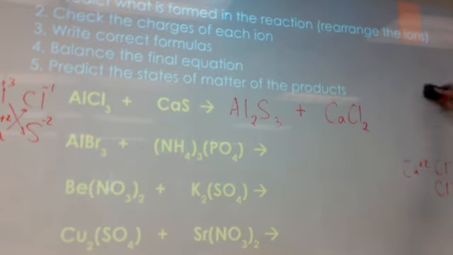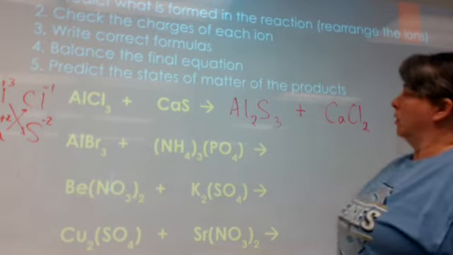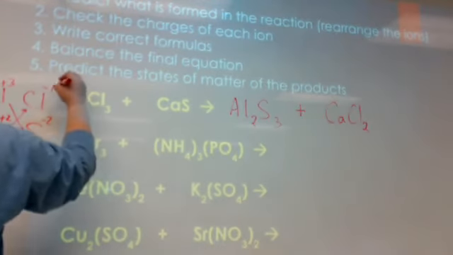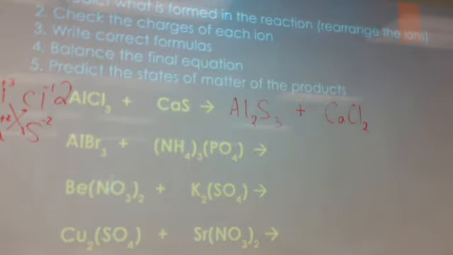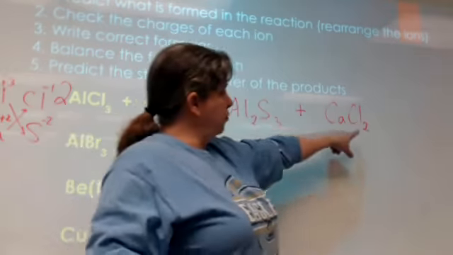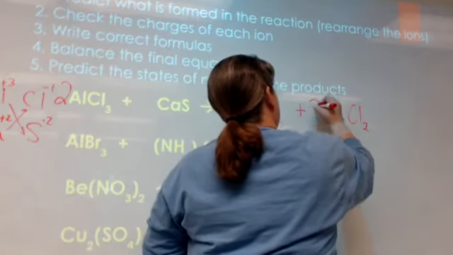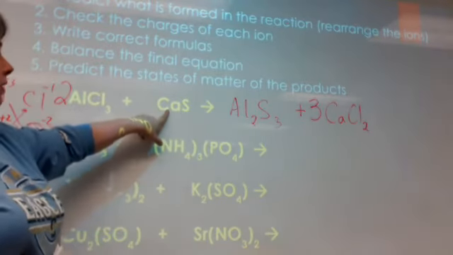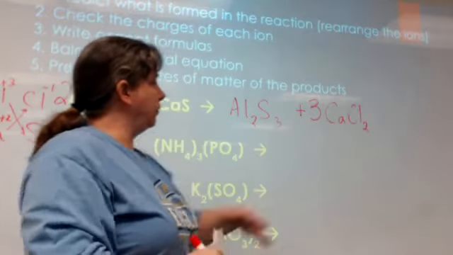Erase this. All right, so we have predicted the products, but that's not the end. Now we need to balance with coefficients and predict the states of matter. 1 aluminum, 2 aluminums. So we're going to put the coefficient 2 in front there. 6 chlorines, 2 chlorines. So we're going to put a 3 there. 1 calcium, 3 calciums.